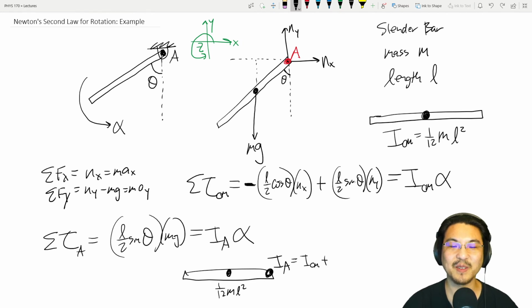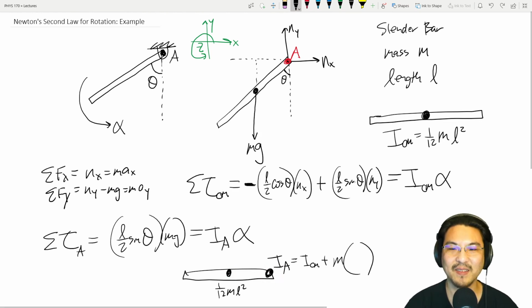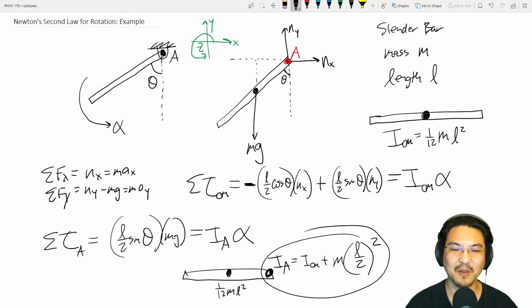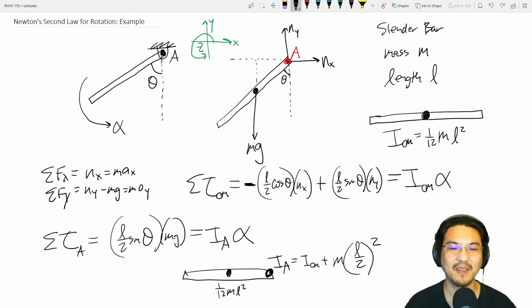How much extra? The mass of the bar times the distance between the two parallel axes squared. How far is this? L/2. So this goes here.